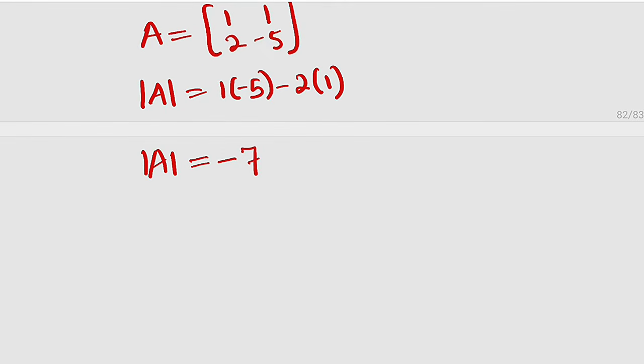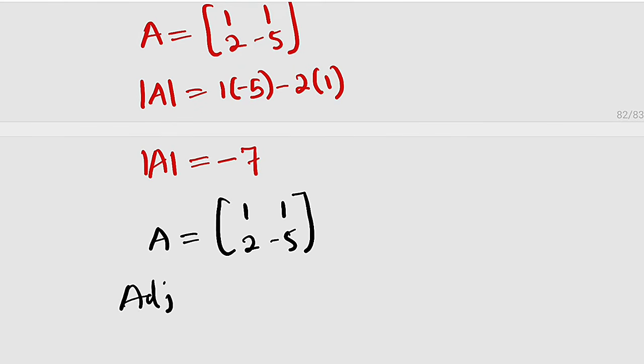Now we need to find the adjoint of the matrix A. So if A is equal to the matrix 1, 1, 2, and negative 5, then the adjoint of the same matrix will be equal to, switch the leading diagonals, then you multiply the other diagonals by negative 1. Do not switch these ones. So it will be what?